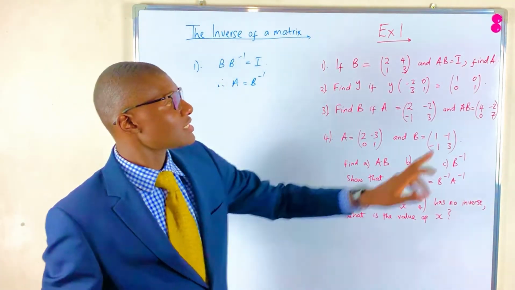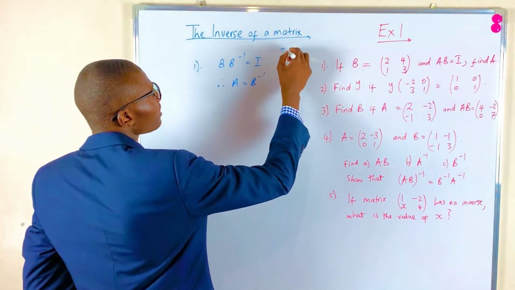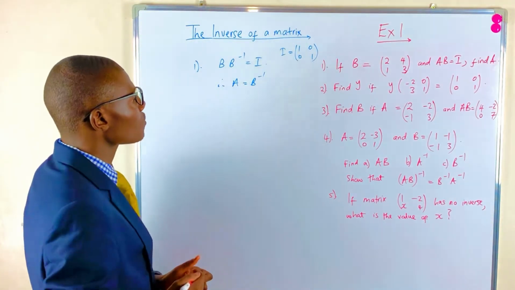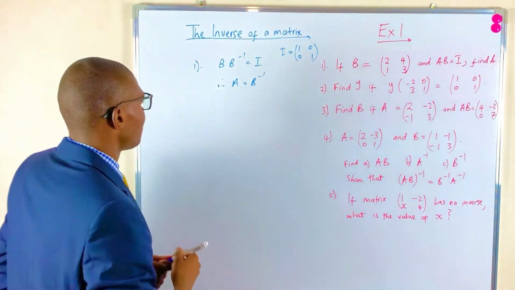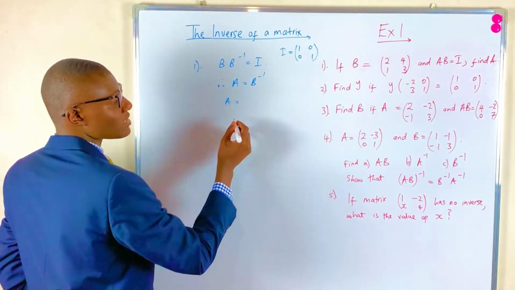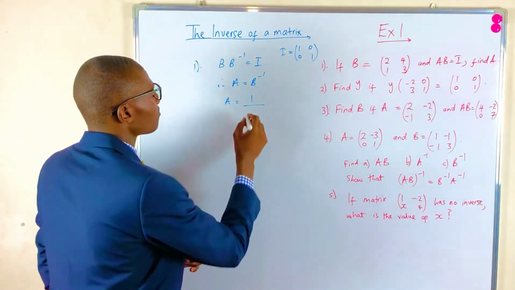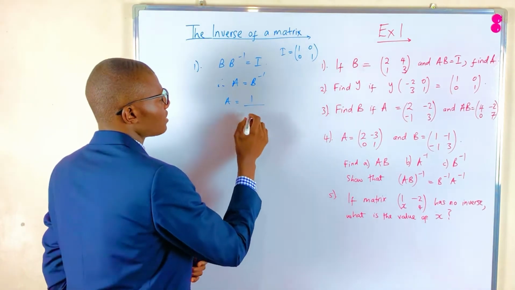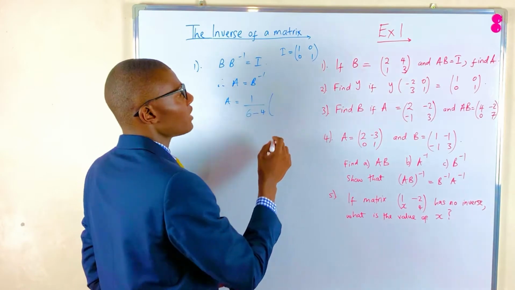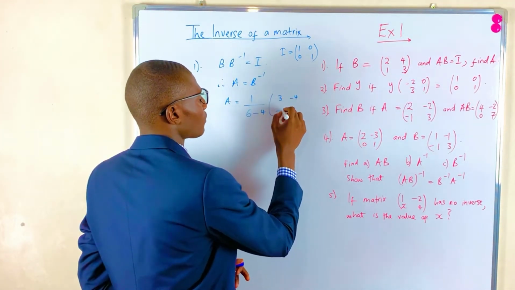Since the product is giving us an identity matrix, the identity matrix I being equal to 1, 0, 0, 1, we're simply finding the inverse of B. So A, which is the inverse of B, shall be 1 over the determinant. The determinant shall be 2 times 3, which is 6, minus 1 times 4, which is a 4, then multiplied by 3, minus 1, minus 4, 2.